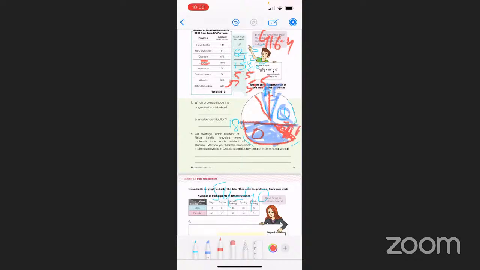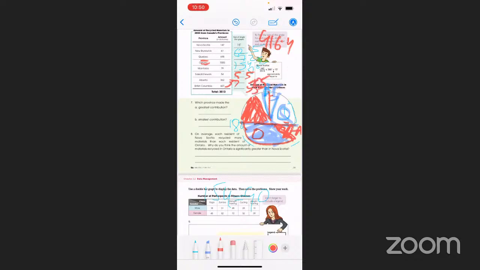Okay, and then the remaining 62 is this side, which is going to be for which one? This is Saskatchewan.